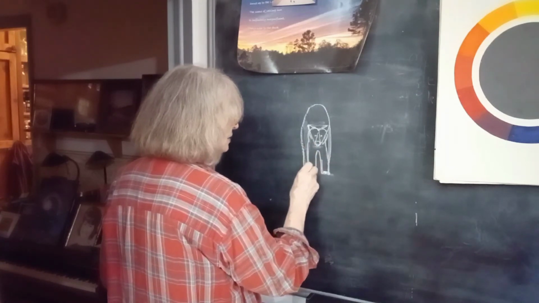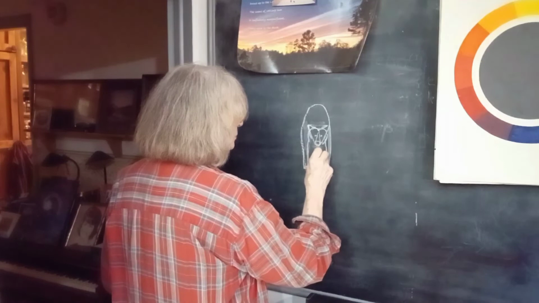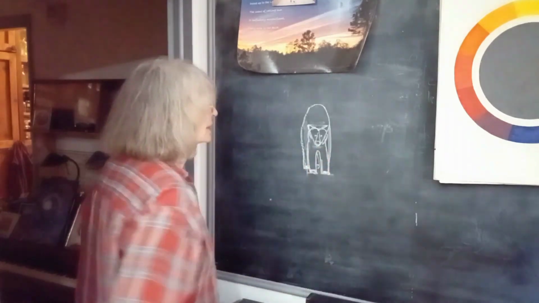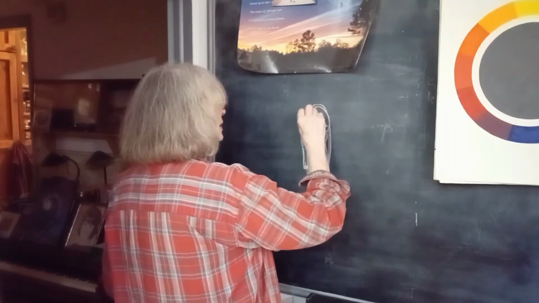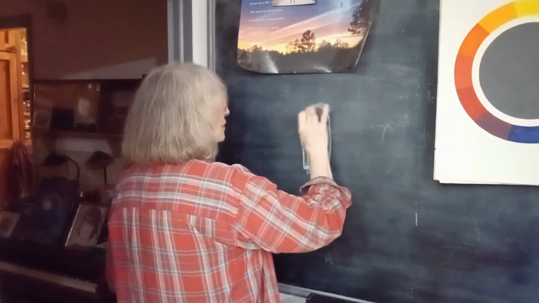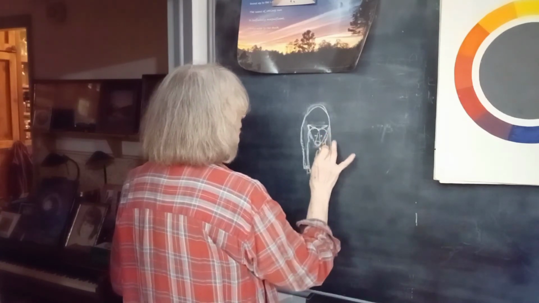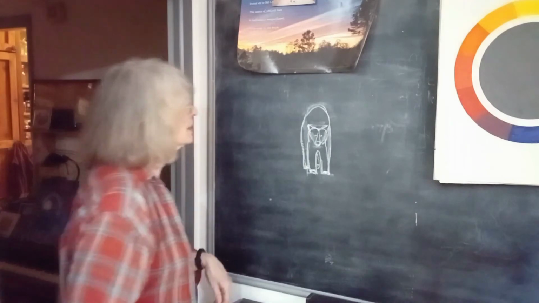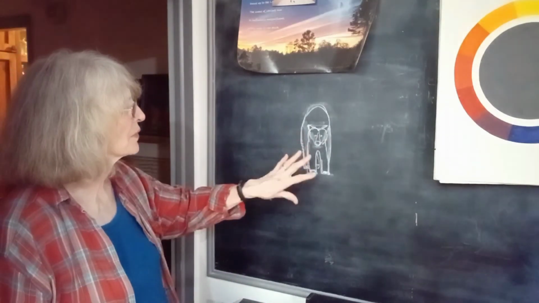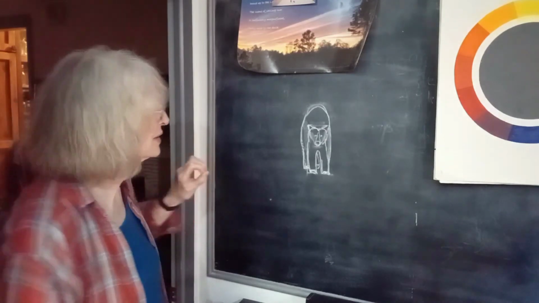This comes down a little higher with a foot forward, and we don't really get much of this back right in there, and we have the configuration for a bear. And yeah, we have lines in there but you can see how it all goes together to make that happen.